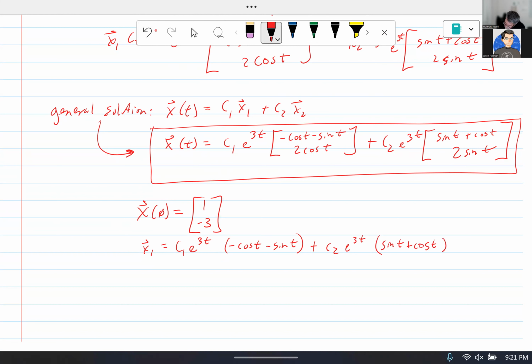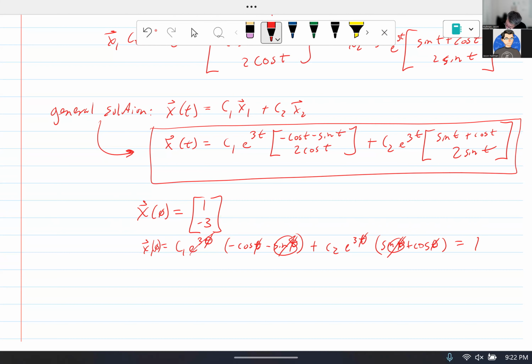Okay, that's c1. But when we evaluate that at 0, we're going to plug in zeros here, and that equals 1. So x1 of 0: the signs all go to zeros, and the e's go to ones.